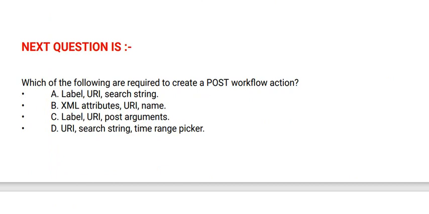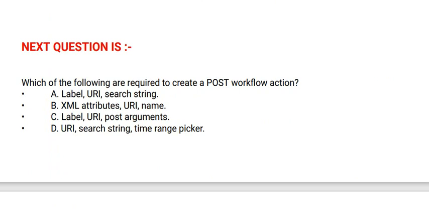Next question is, which of the following are required to create a post workflow action? Option A, label, URL, search string. Option B, XML attributes, URL, name.